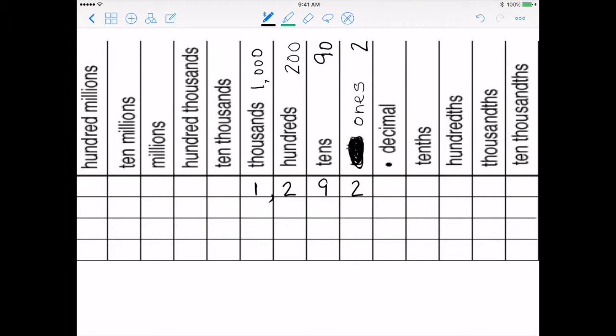So now we're going to start to write our actual word form of this number, 1,000. Next, we move over to the 2 in the hundreds place. So we know that that's 200. And now we're going to write the next part of our number word, which is 200.